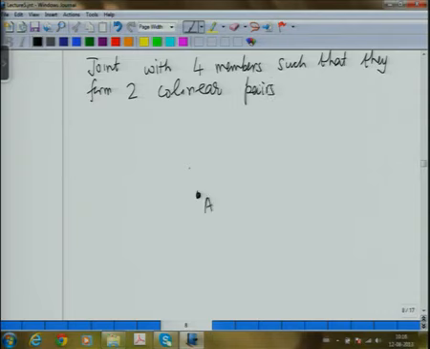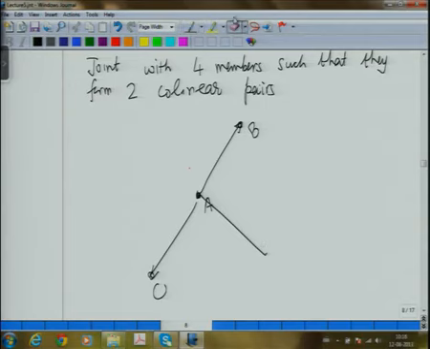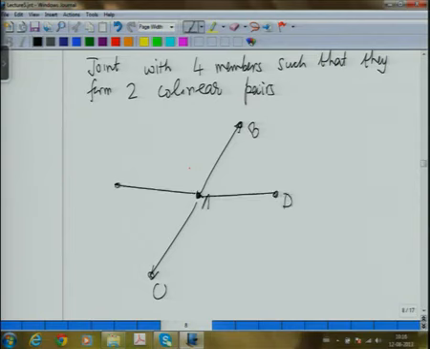So, I have a joint at point A, say AB and AC, and I have AD and AE.